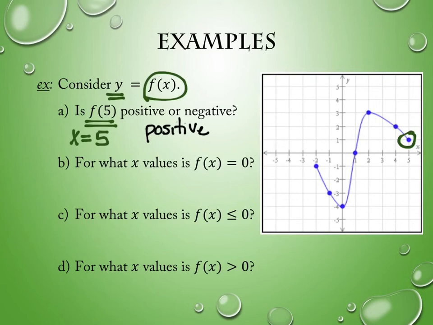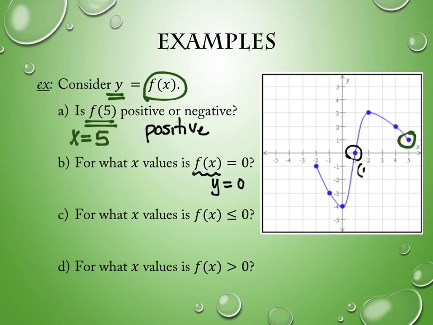Now, looking at the graph, part B asks, where is f of x equal to 0? F of x again means what? The y value's 0, and you're trying to find the x that goes with that. So do you see any locations where the y value is 0? Yeah, it's this point where it crosses the x-axis, right?